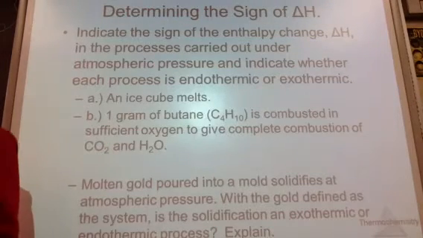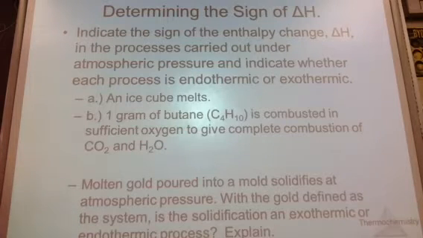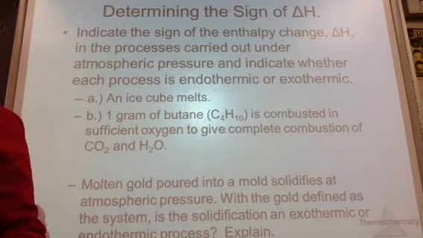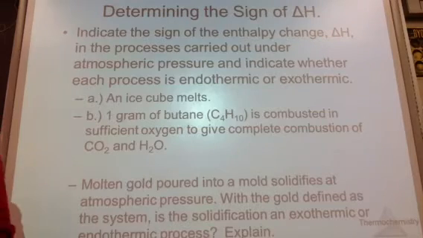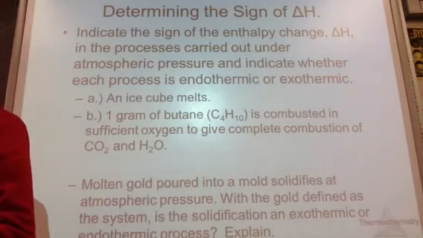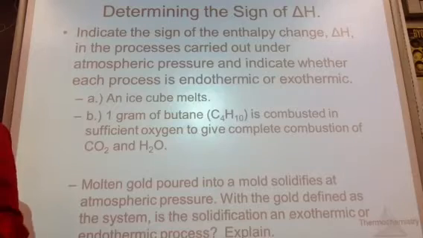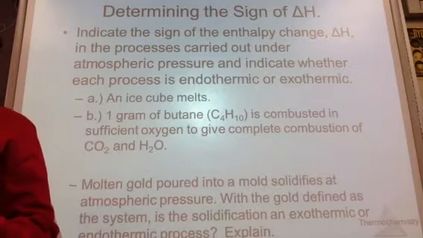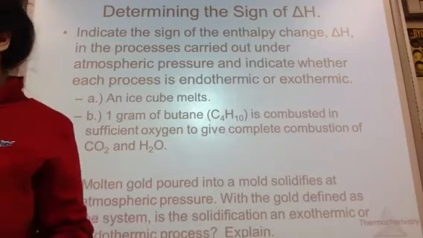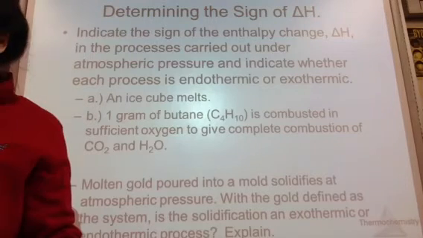Okay, so I want us to practice figuring out what the sign would be for delta H here. In the first case, it says, indicate the sign of the enthalpy change, delta H, in the processes carried out under atmospheric pressure, and indicate whether each process would be endothermic or exothermic.